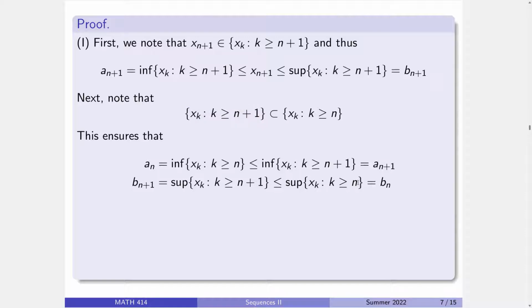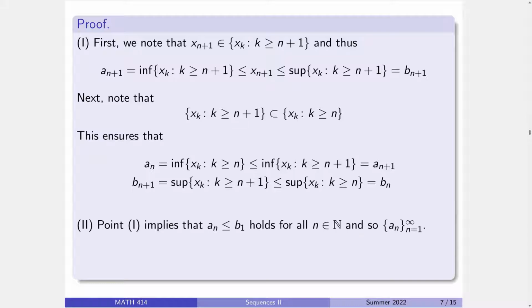Okay, right, so remembering how inf and sup behave, this is the greatest lower bound, this is the least upper bound, justifies this, but the way I always kept it straight in my head was, this set, I've taken things away. If I take things away, my infimum can only get bigger, and my supremum can only get smaller. Alright, and so that establishes that a sub n is less than or equal to a sub n plus 1, and b sub n plus 1 is less than or equal to b sub n.